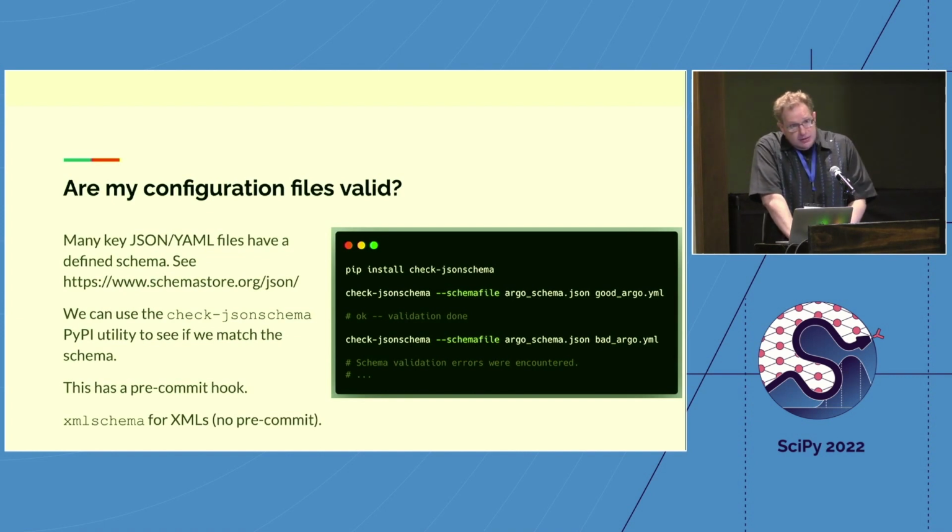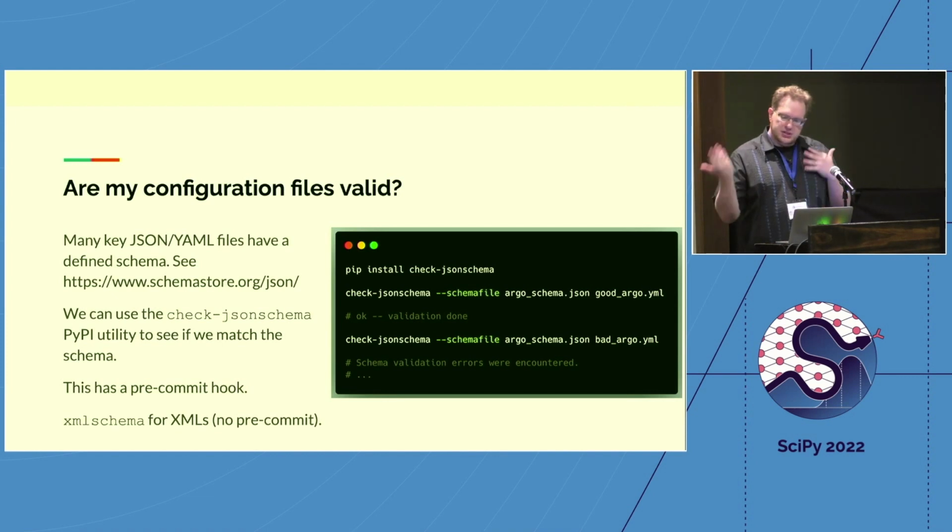Another thing you can think about is that important configuration files aren't just any sort of JSON or YAML. They will have a well-defined schema. And you can go to schemastore.org and you will find a bunch of different JSON or YAML schemas for a number of configurations. There is a check-jsonschema utility, just install with pip, and you can use that to see if your file actually matches the schema.